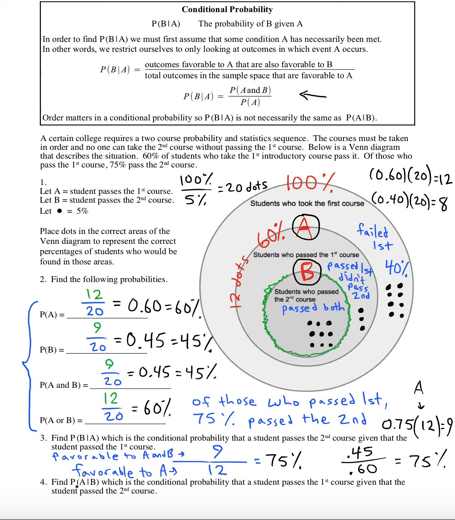So when we write probability of A given B, then B is the restriction. That's what you look at as your new sample space.